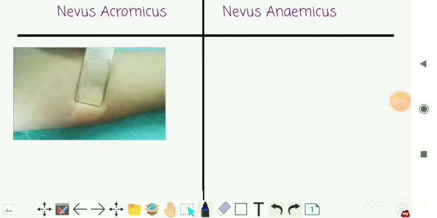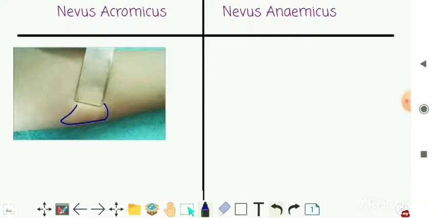Right, now let's differentiate nevus achromicus from nevus anemicus. On diascopy, these are the depigmented lesions of nevus achromicus. Whenever the glass slide is pressed over the lesion of nevus achromicus, the area which is under the glass slide remains depigmented.